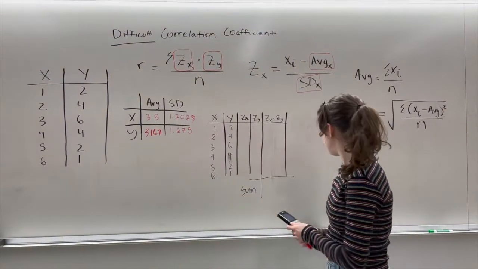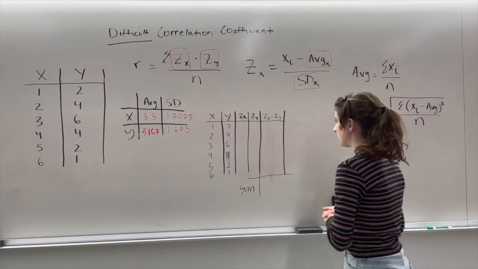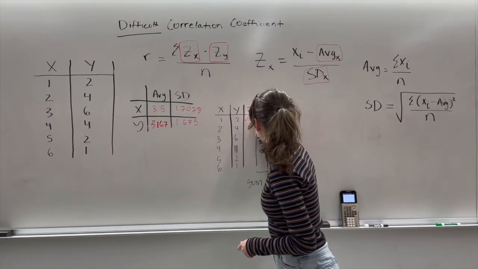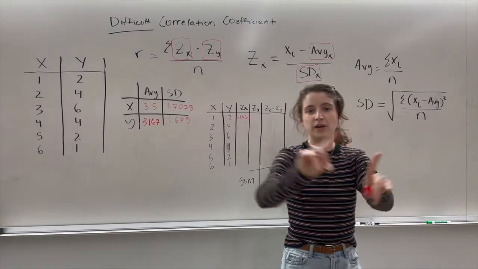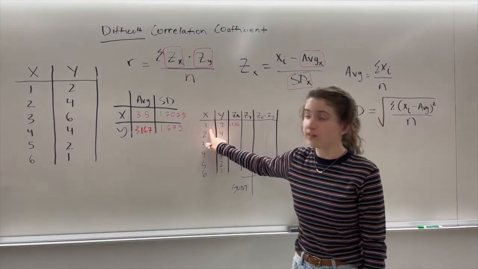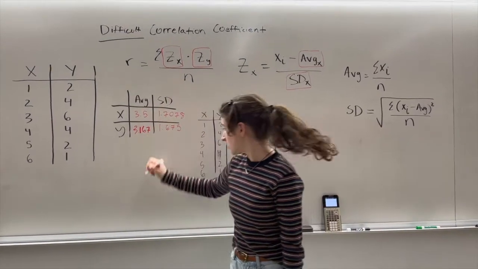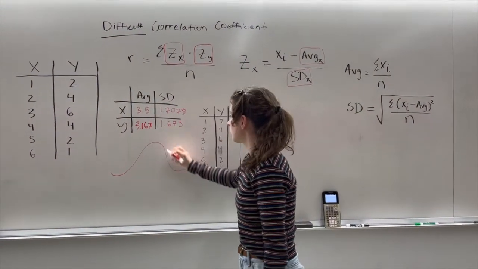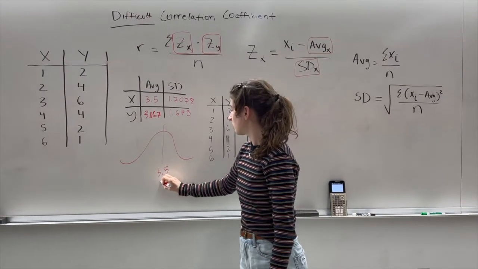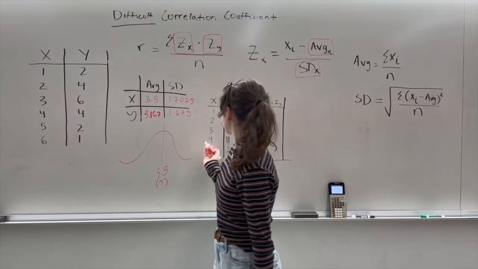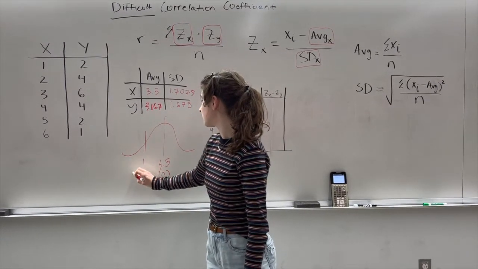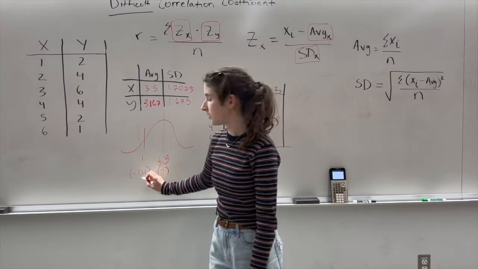And you get about negative 1.46, which, do a reality check, that makes sense because 1 is pretty significantly less than the average of 3.5. So on a normal distribution curve, if this is 3.5 at the average, right? If you want to go all the way down to 1, that's going to be pretty far in the other direction, and it'll have a pretty big negative z-score.